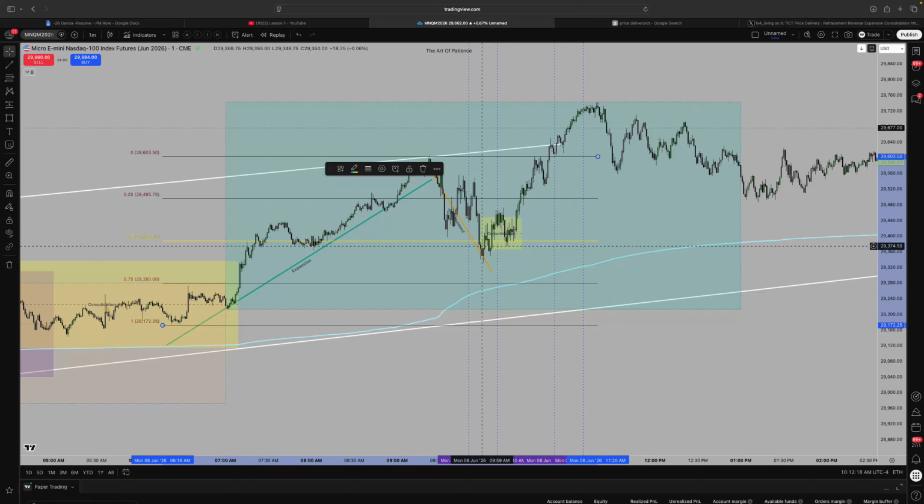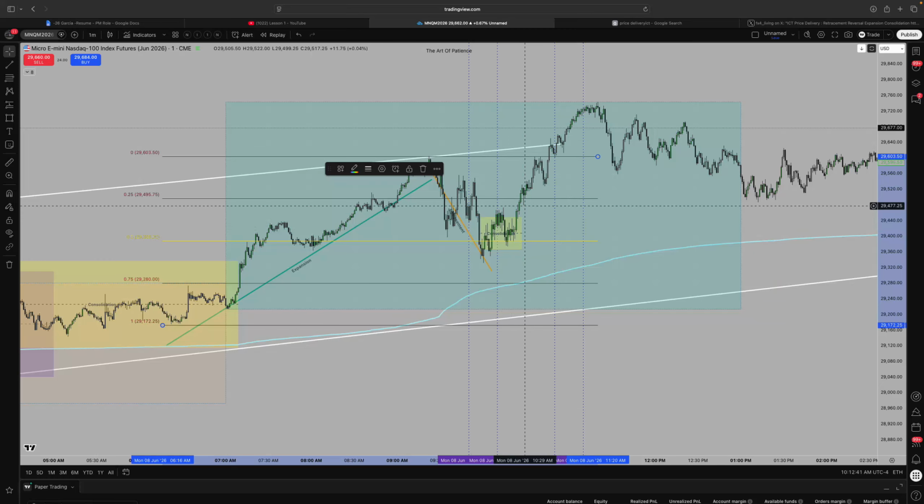Obviously it did peek below it, so that could have been a little bit tricky there, but price remained still above the 50% of this expansion move. And then after the 50%, we've seen that consolidation form and then a nice bounce off that.